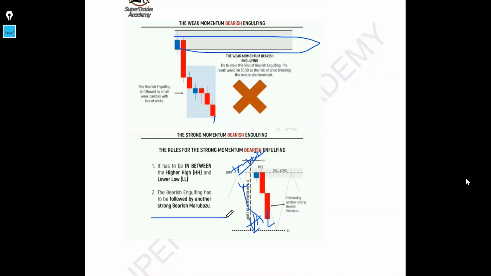The bearish engulfing has to be followed by another strong bearish Marubozu. So this engulfing must be followed by this. If you don't see this and you see some small candles, this place may not be valid. You have to see rapid movement.